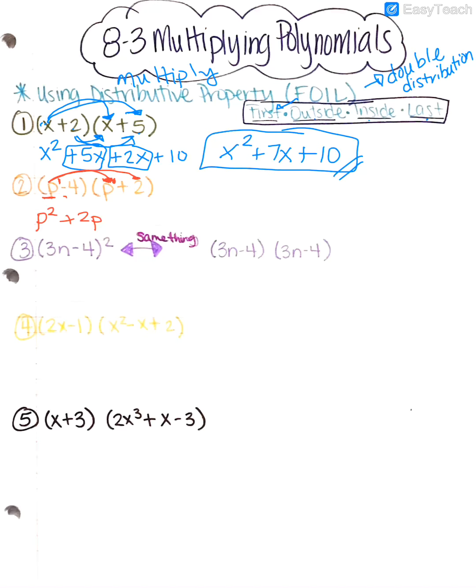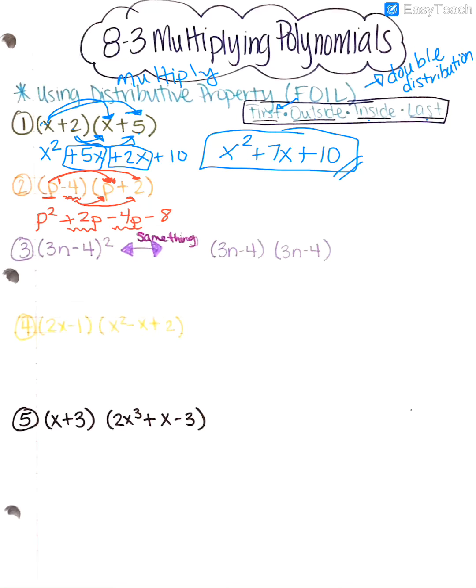Now we're going to distribute the negative 4. So the negative 4 is going to go to the same numbers on the next set of parentheses. The only difference is that now we're doing the negative 4. So negative 4 times p gives us negative 4p. And then negative 4 times 2 gives us negative 8. So again, like I mentioned, you are going to combine, for the most part, always the middle terms.